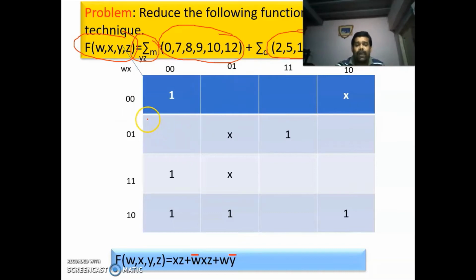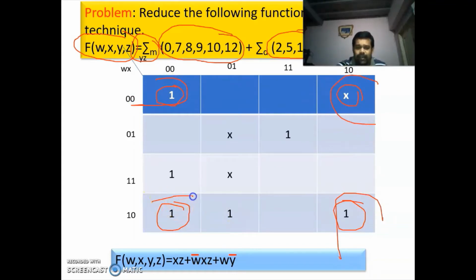Now we are going to group. This is a 4 variable map, so first we check for 16 ones. Is there any possibility? No. Are there 8 adjacent ones? No. Then we go for 4 adjacent ones. In the corners you have ones, so if you consider this X also as 1, you can group these 4 ones.